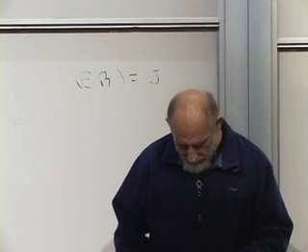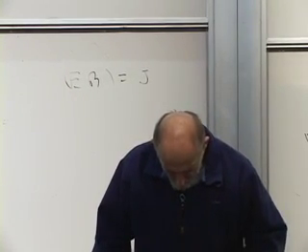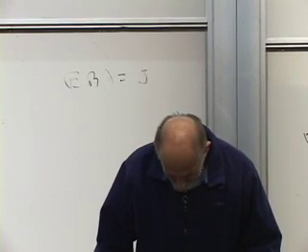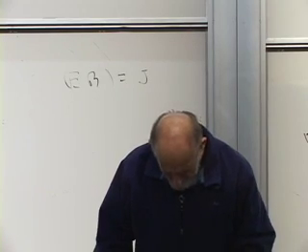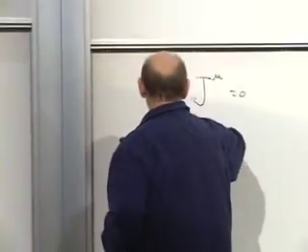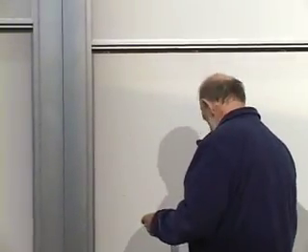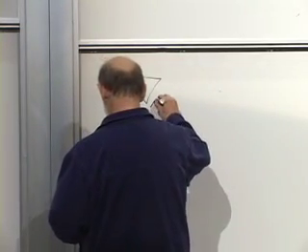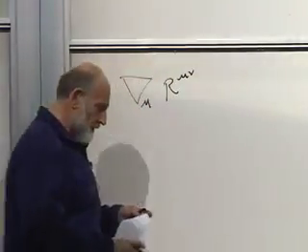And what you find is, let's see if I can find it. Here's the identity that you find. You find that del mu of R mu nu is not equal to 0.